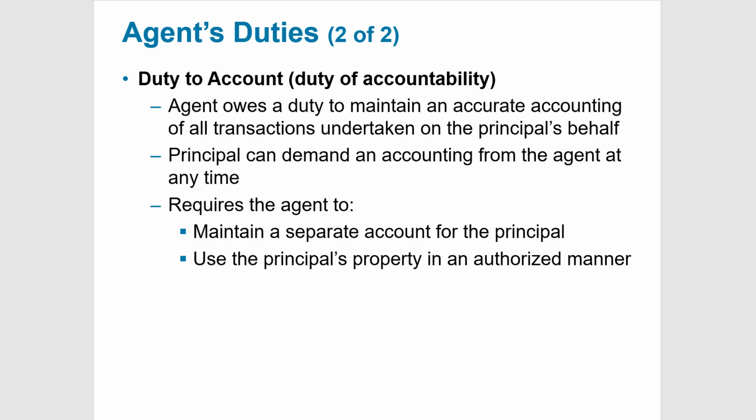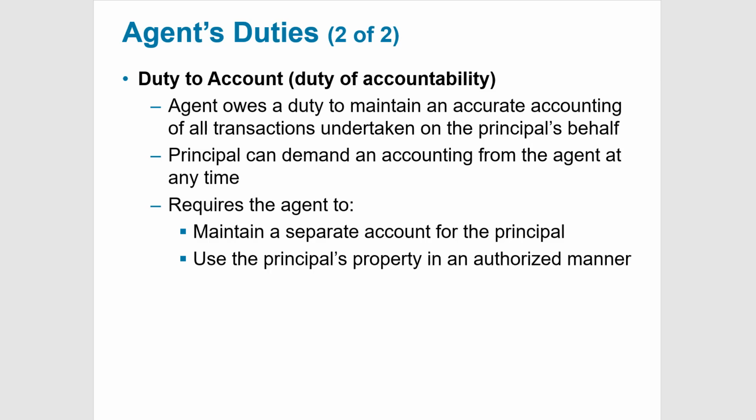An agent also has a duty to account. Call that the duty of accountability. They are to maintain accurate accounting of all transactions that are undertaken on the principal's behalf. So if my attorney comes to me and says, here's your legal bill, I can say, well, I need a detailed accounting of all these expenses just to make sure that you're not pumping up the numbers just to try to make more money.